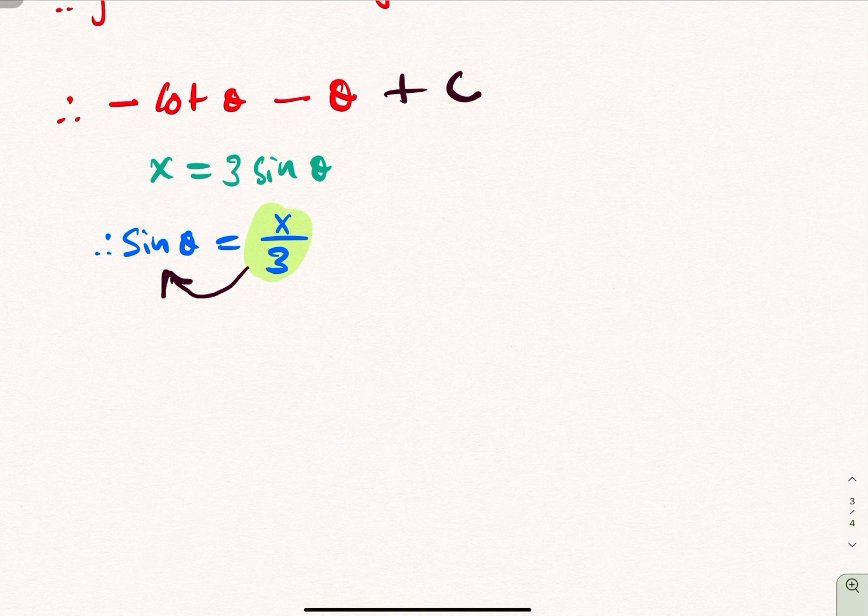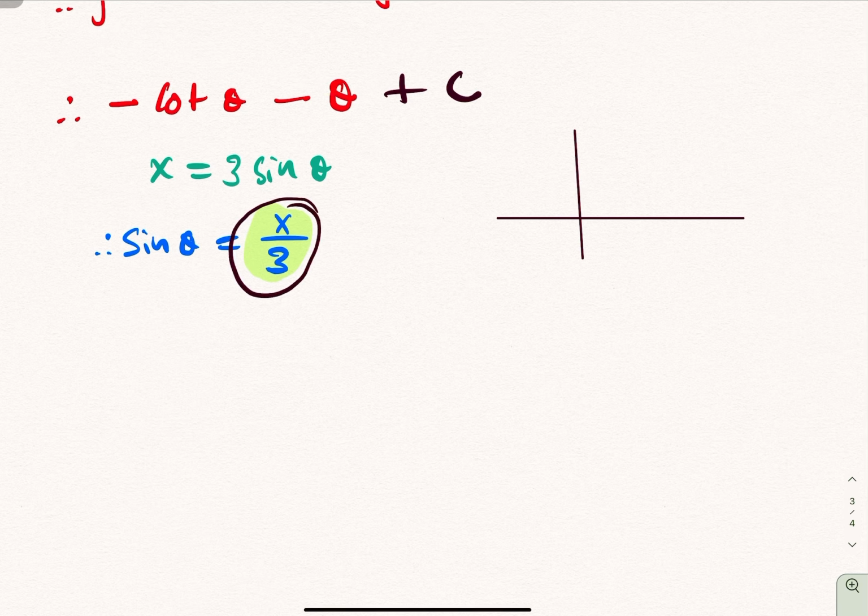Sine is positive in the first quadrant and the second quadrant, but your theta has to be in the first or fourth. Hence, I'm going to draw this one in the first quadrant.